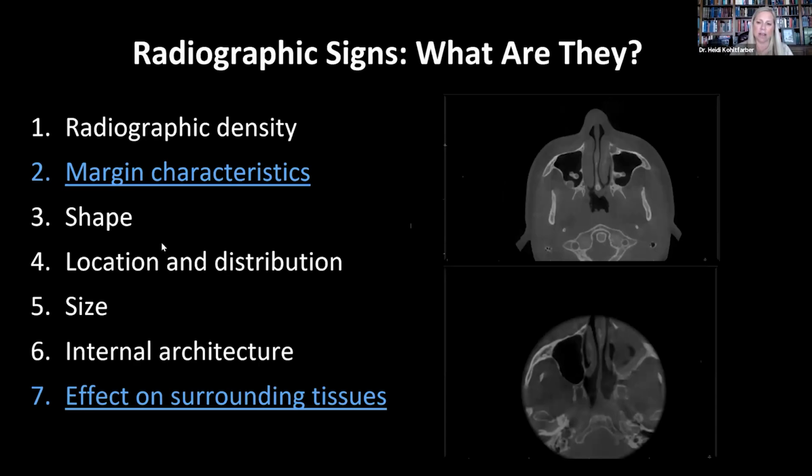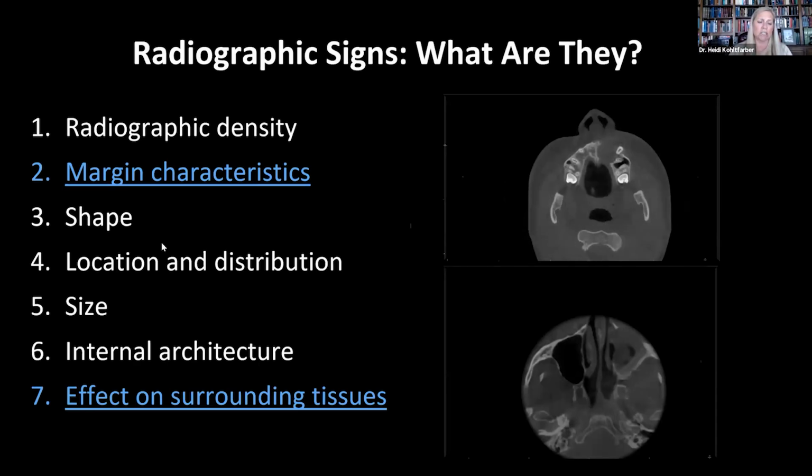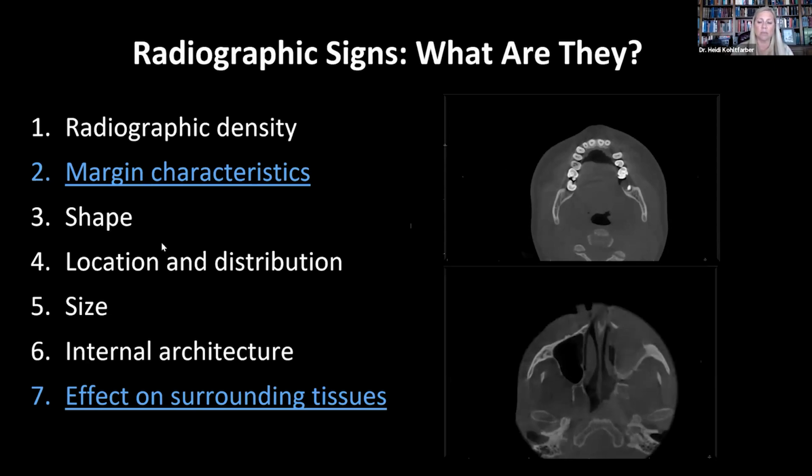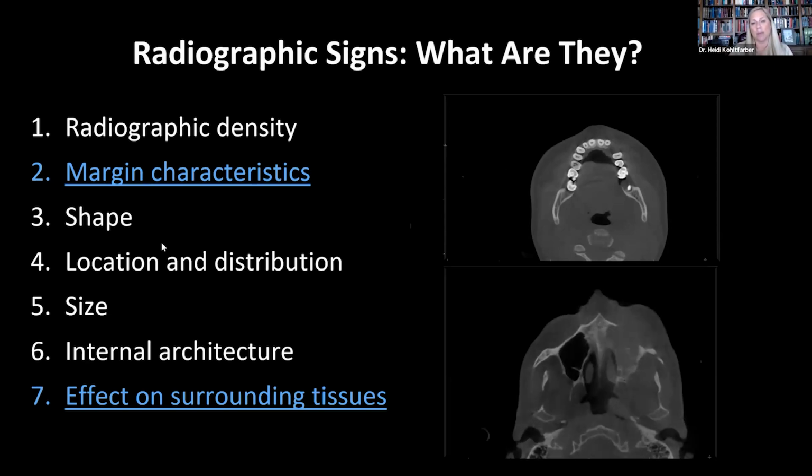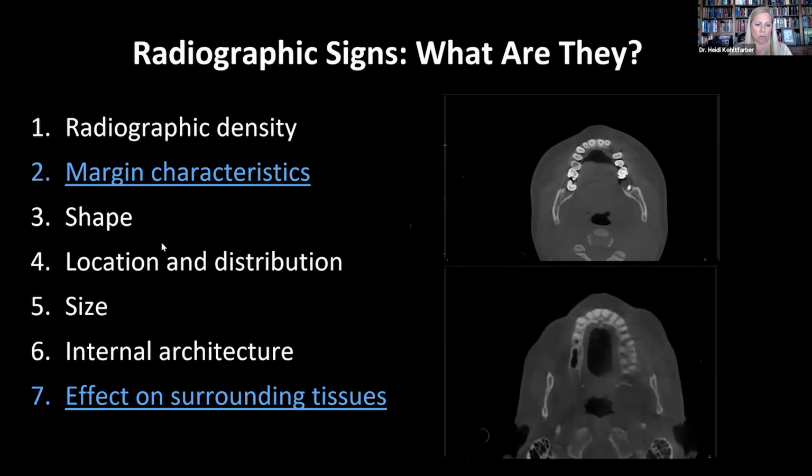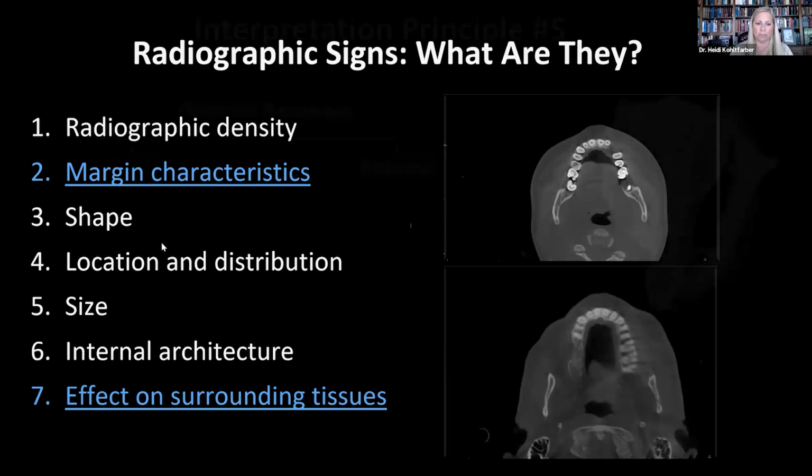These are the radiographic signs: radiographic density, marginal characteristics, shape, location and distribution, size, internal architecture, and effects on surrounding tissues. And the two that are underlined are actually the most important because they tell us about how aggressive a particular entity is. So those are the two we really want to pay attention to.